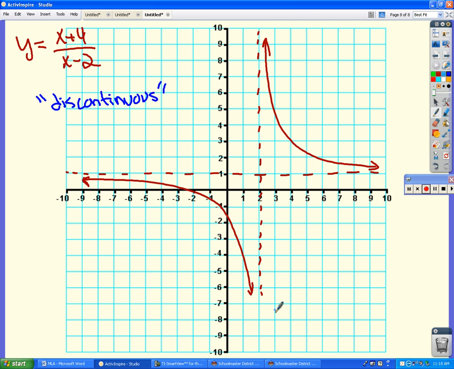Because the thing on the bottom... If I plug in 2 on the bottom, what will you get? 0. And as we talked about yesterday, can I divide by 0? No. So that's why x equals 2 is a discontinuity there.